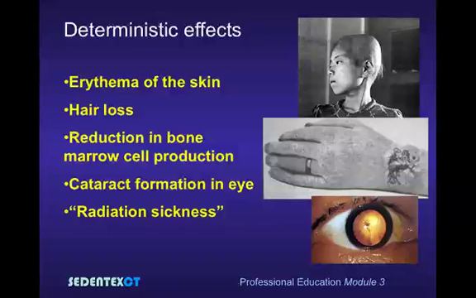Erythema of the skin, loss of hair, reduction in bone marrow cell production, the formation of cataracts in the eye, and really all those things that are associated with radiation sickness, for example, in people that have undergone very high exposures in the atomic bombs and in nuclear accidents.